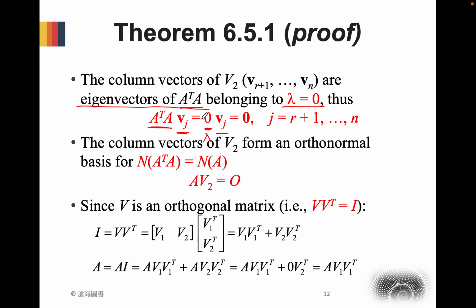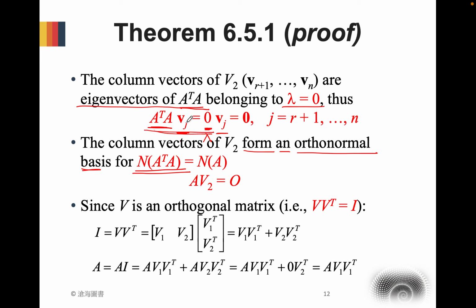So what does that mean? That means v r plus 1 to vn form an orthonormal basis for the null space of A transpose A. Consider this equation.